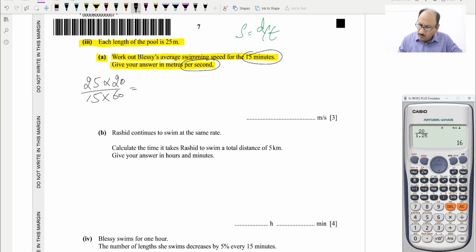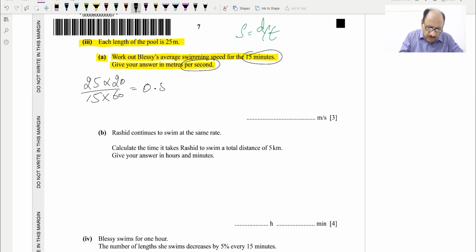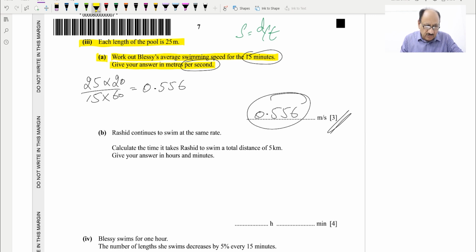So this will be 25 into 20 over 15 multiplied by 60, equal to 0.556. So 0.556 will be our answer, meters per second.